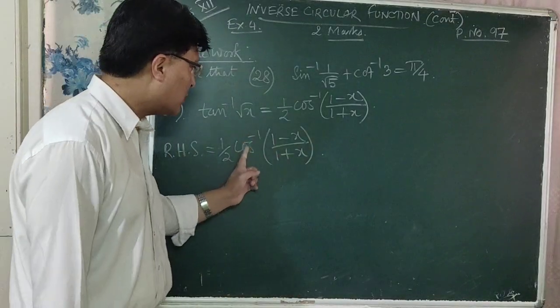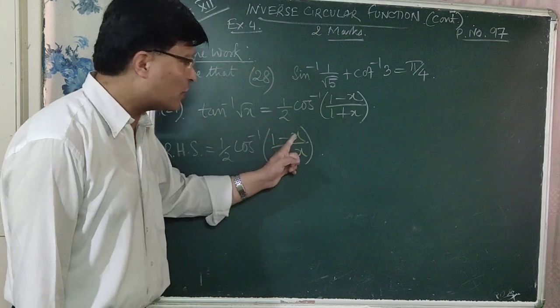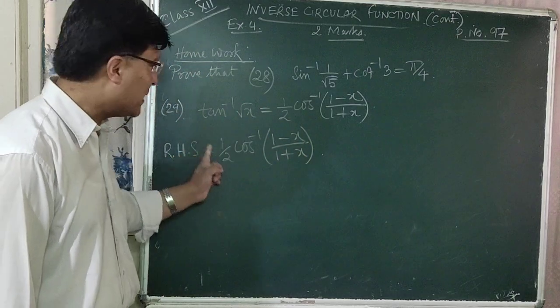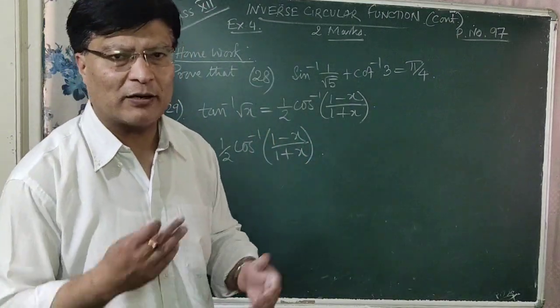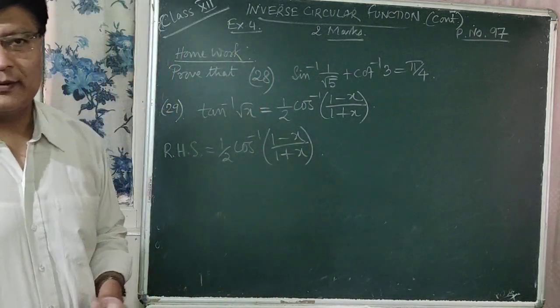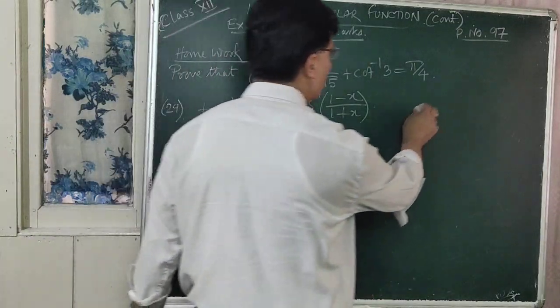Which trigonometric function will you write for x so that we can have here cos inverse cos theta form? You may not get cos theta, but it should be in the form of cos inverse cos form, right? So you know the formula. One formula is there for cos 2 theta.